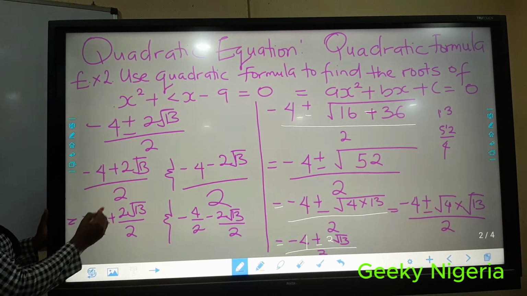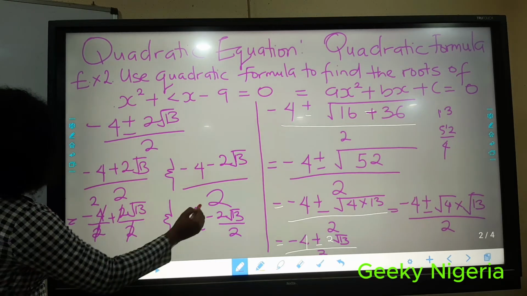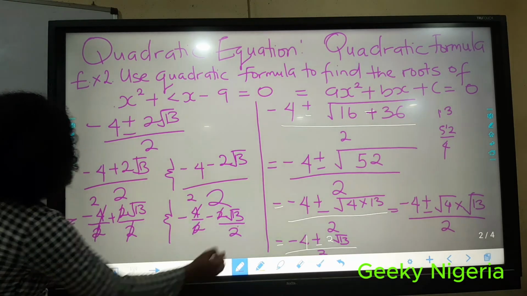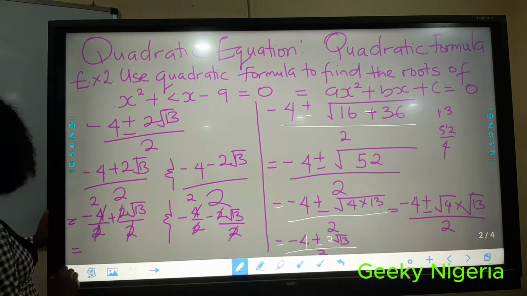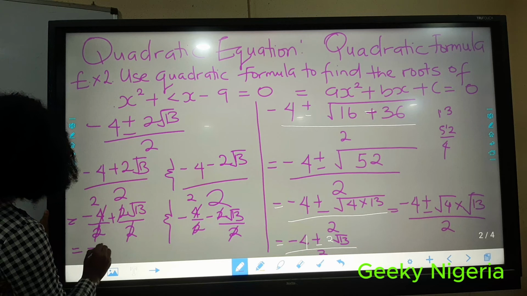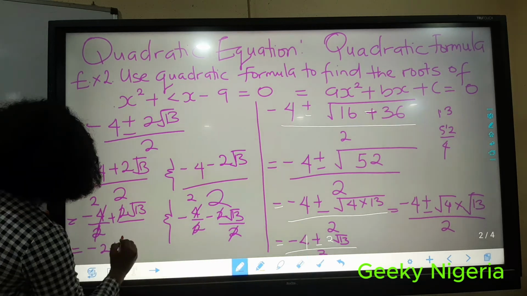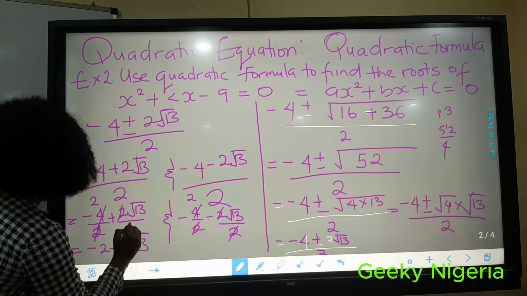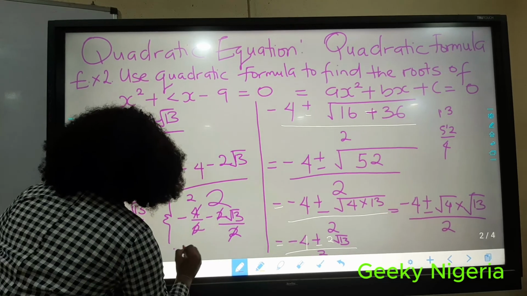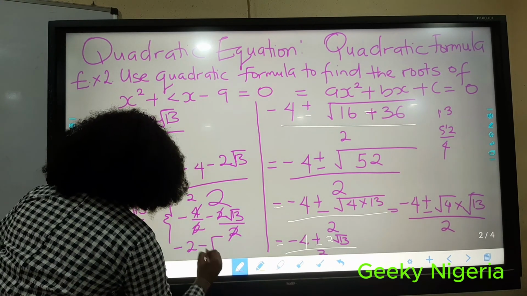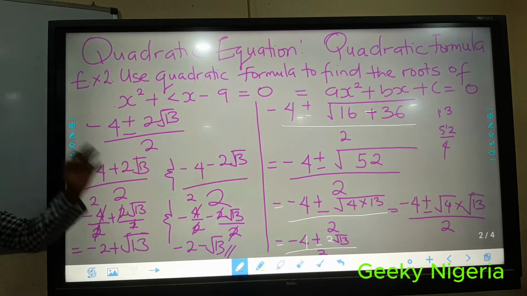So when you break this, here you're having 2, here too you're also having 2. This will cancel this. So here you now have minus 2 plus root 13, and here we have minus 2 minus root 13. So these are the roots of this equation.